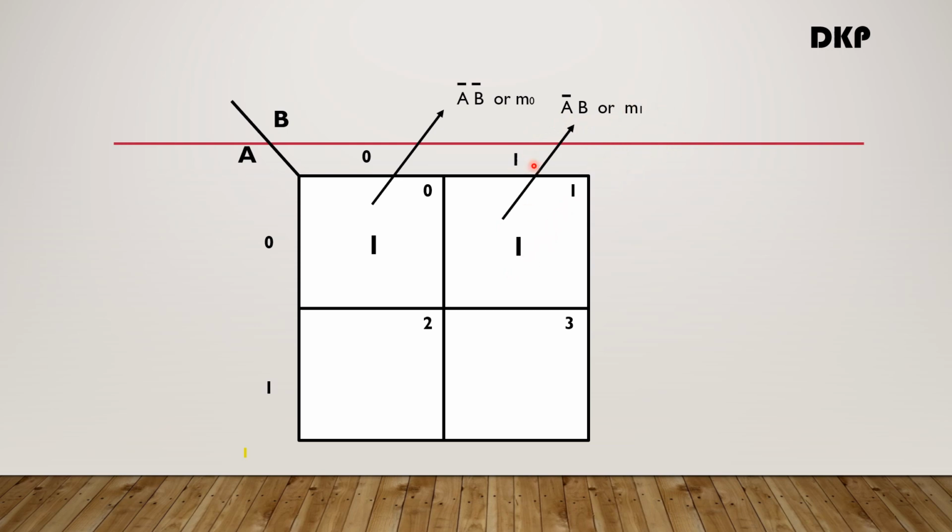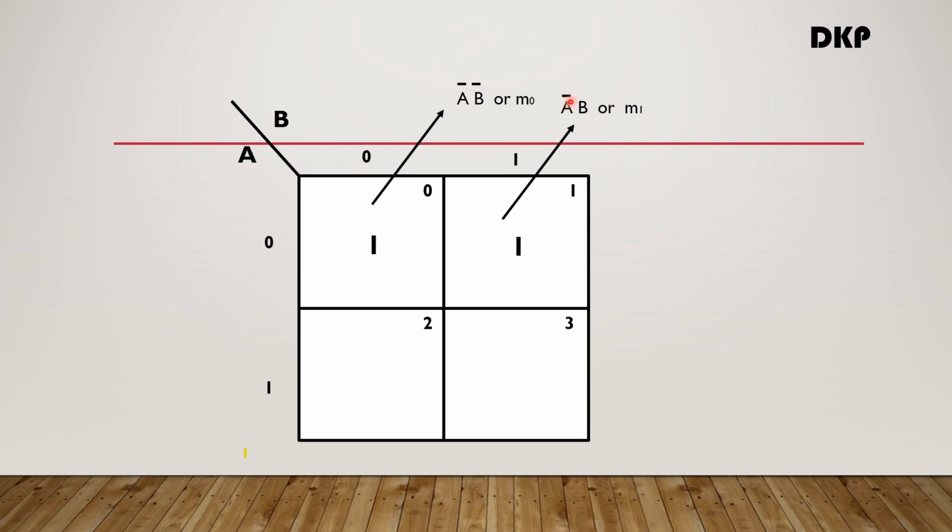Now, in order to group these cells, one variable should differ in these two terms, A bar B bar and A bar B, and one of these variables should be constant. So in this particular case, the first variable is constant.